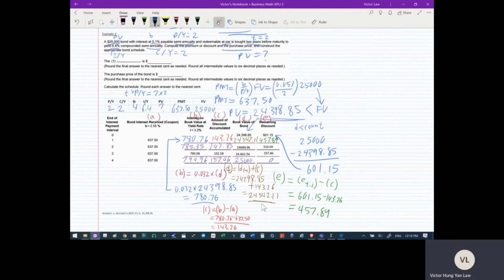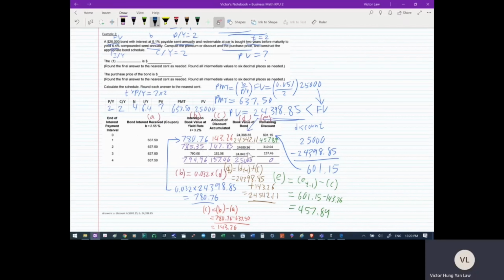That's column D. The last column is your remaining discount. For the current period, we take the remaining discount from the previous period and subtract column C. So we take the 601.15 from the previous period, subtract the current period's discount accumulated, and we get 457.89, your remaining discount.